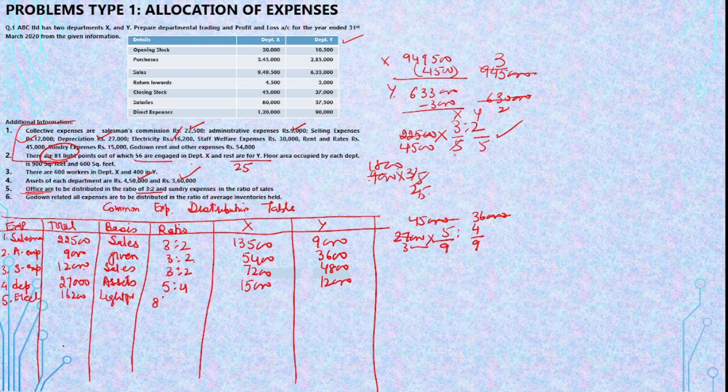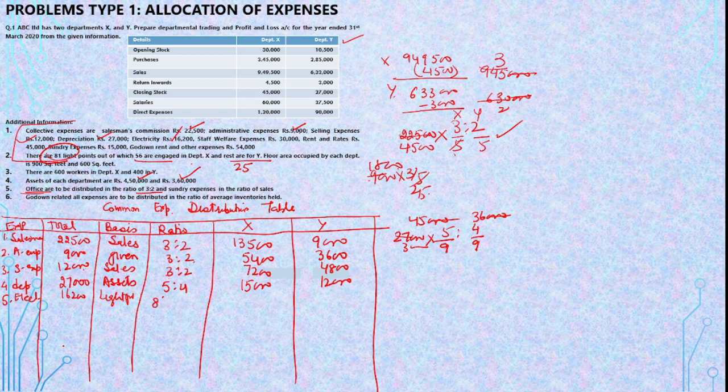So 56 is to 25 upon 81, and the amount is 16,200. Thankfully our calculation is easy. So 11,200 for X and 5,000 for Y.